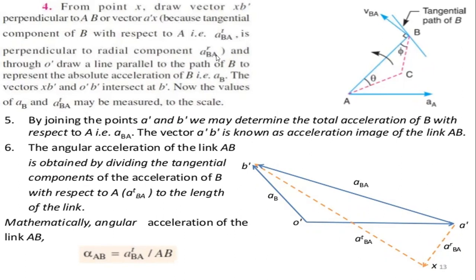So it is perpendicular to the direction of ARBA, and through O dash draw a line parallel to the path of B, that is AB. Therefore, the vectors X B dash and O dash B dash intersect at B dash.